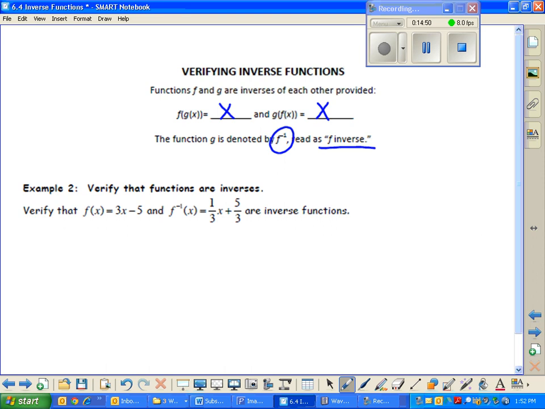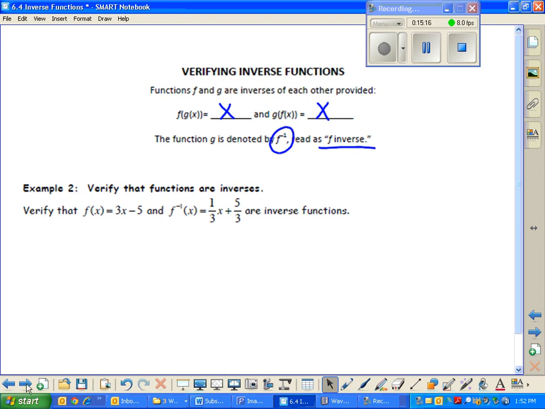Example 2 should look familiar to you. Does it? We just did it, right? We know based on what we did in the previous part of the problem, that if I find the inverse of f of x equals 3x minus 5, I will get f inverse of x on the right. This process is a little different because we're proving these two things are indeed inverses of one another.